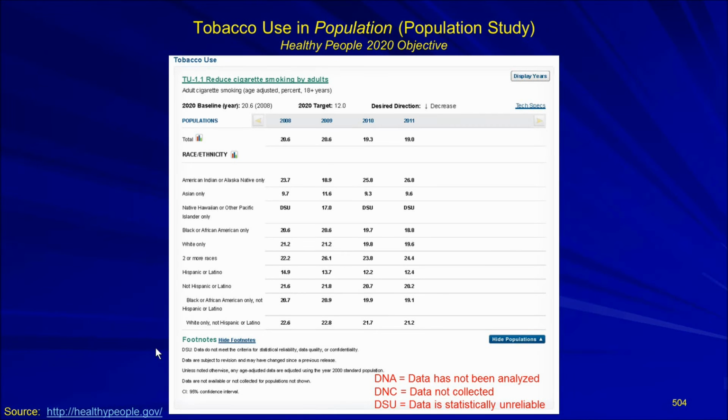Okay? Now, if we look at population statistics, which I think is pretty interesting, in terms of the percentage of people who smoke and whether it's changed a lot over the years, you can see that the percentage who smoke in the total population is 20.6 in 2008, 20.6 in 2009, 19.3 in 2010, and 19 even in 2011.